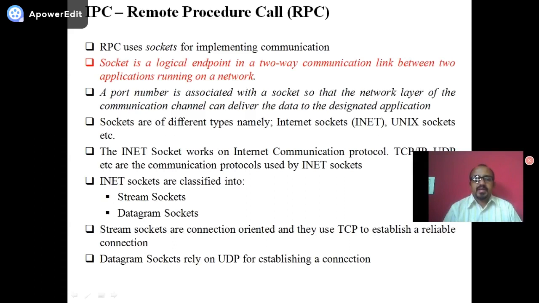That's why the socket is the implementation of communication in the remote procedure call when the processes are too far away from each other. The socket is a logical endpoint in the two-way communication link between two applications running on the network. For this we use inet sockets, classified into data stream sockets and datagram sockets.